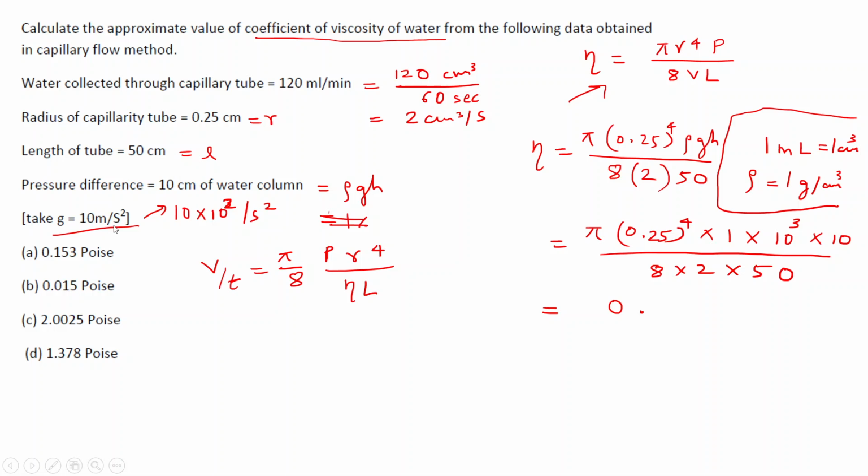Acceleration due to gravity 10 meter per second square, in centimeter it will be like this, times 4 divided by 16 divided by 50, times, what I'm getting is 0.00001532 times 10 to the power 4.